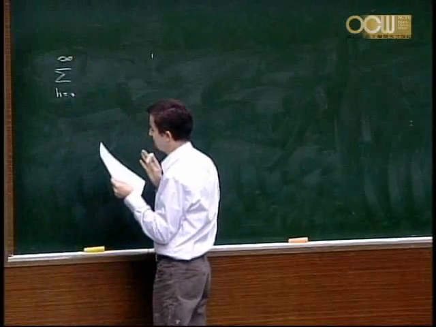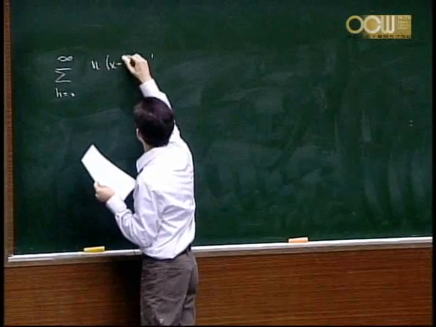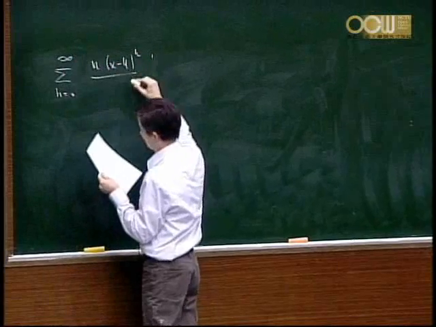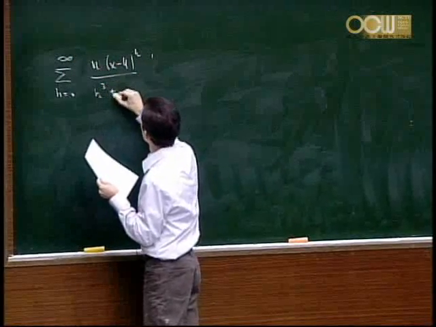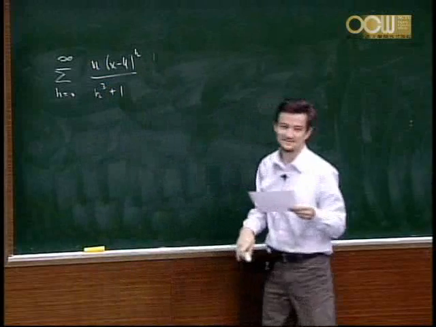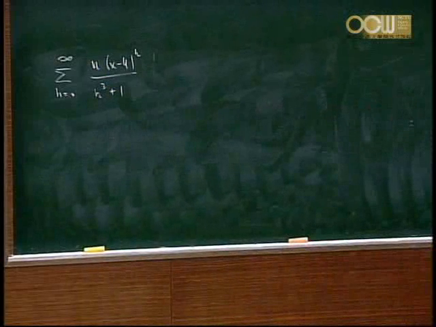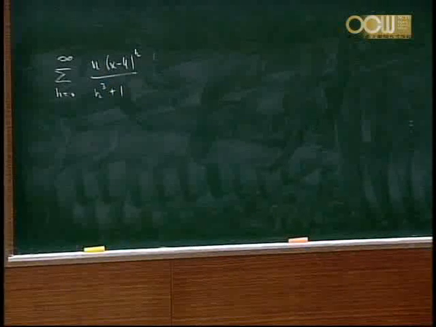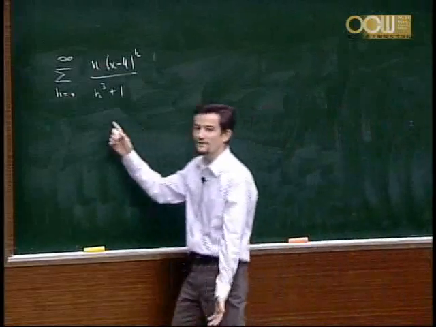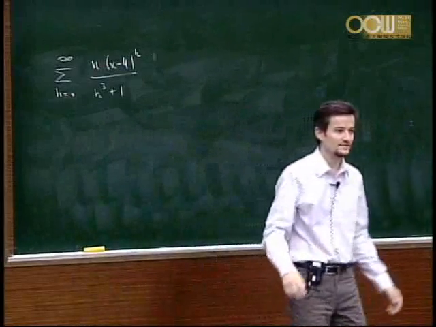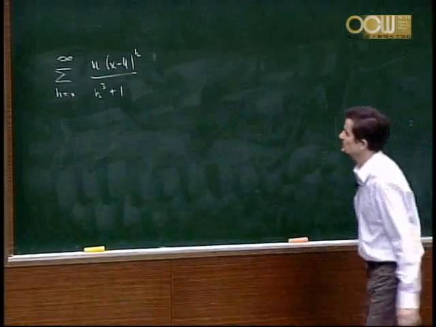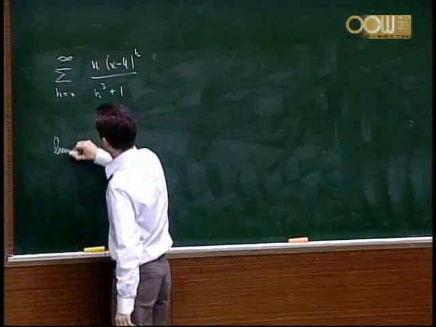Just give me a few more minutes to look at one example. This power series. The natural question for such a power series is always the same: for which x is the power series convergent? So we use the ratio test.